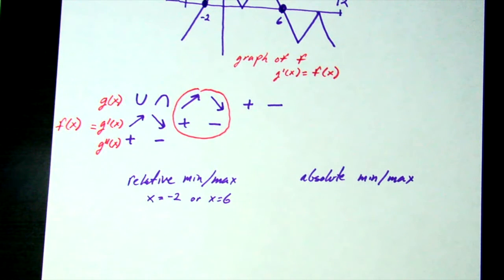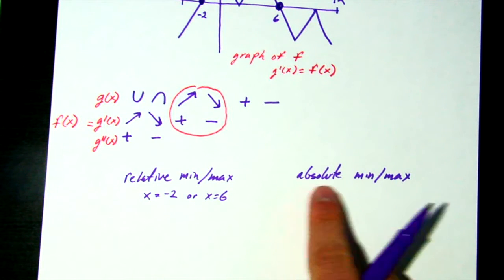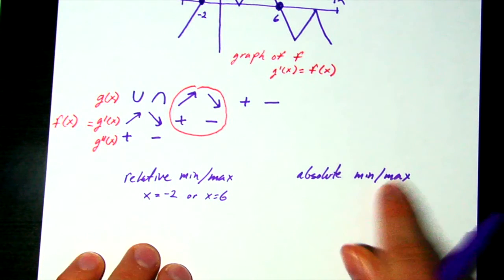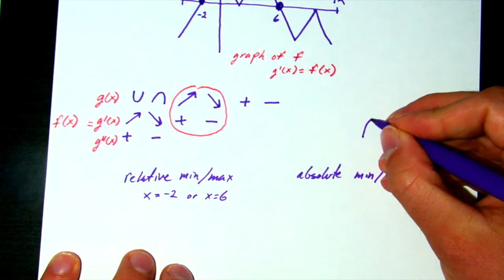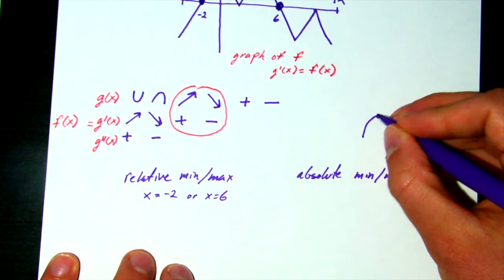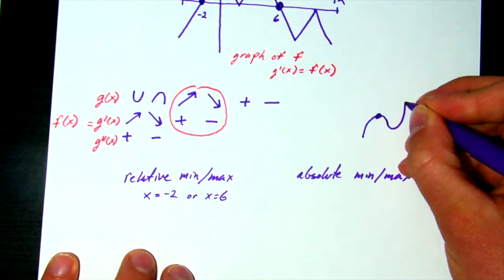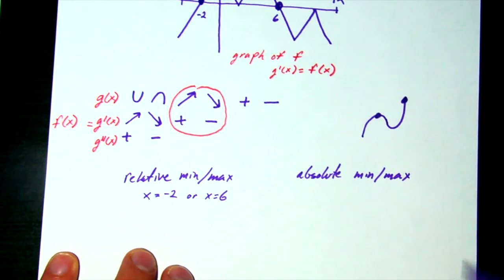What's tricky about this problem is they're asking for an absolute min or max. Now, if you have a graph, you could have a relative max, right there, but then go on to have an absolute max at the end point.